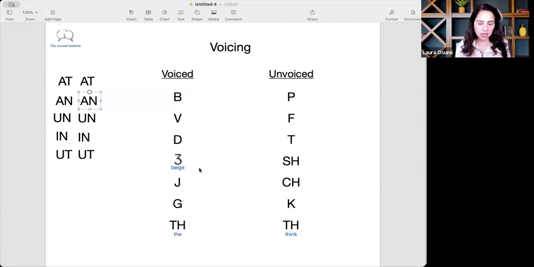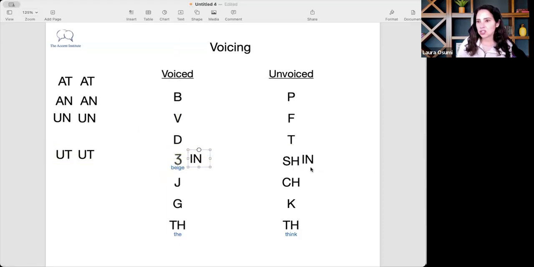It ends words, and we find it in the middle. So beige and beige. So shoe, let's do this. We'll just do this to sort of get the idea of the difference.